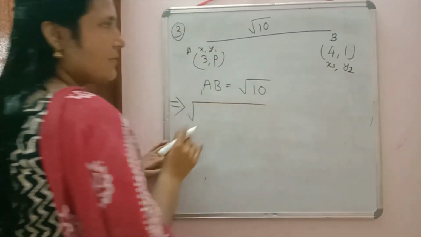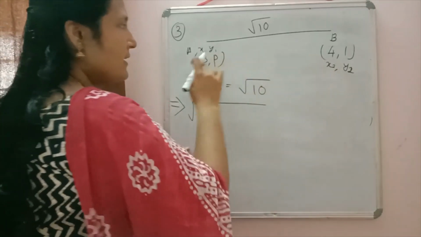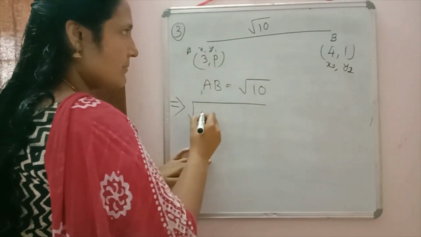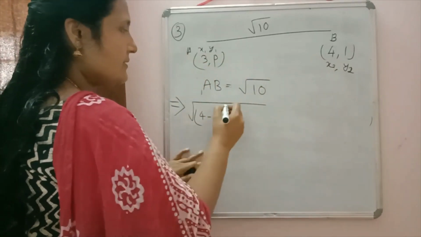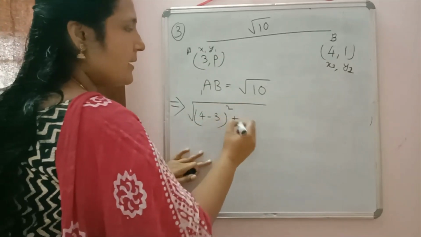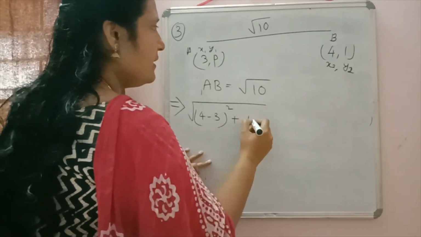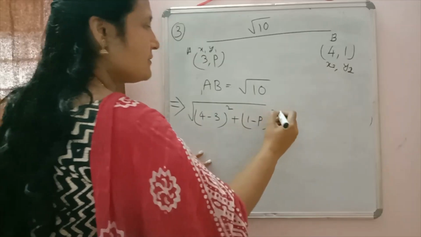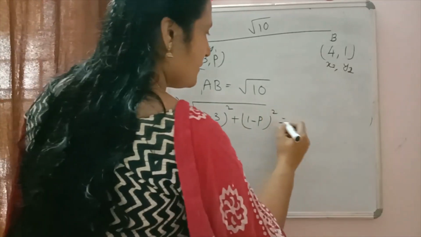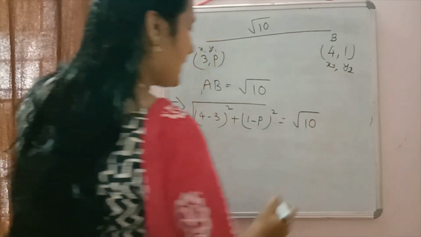Square root of x2 minus x1 the whole square, so that will be equal to 4 minus 3 the whole square plus y2 minus y1 the whole square, 1 minus p the whole square, is equal to square root of 10.